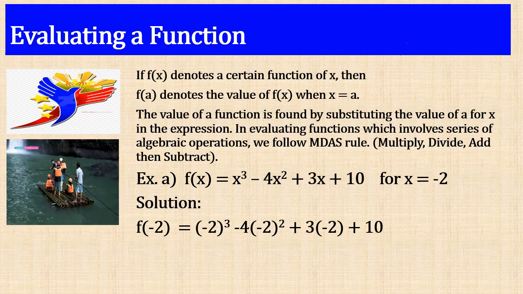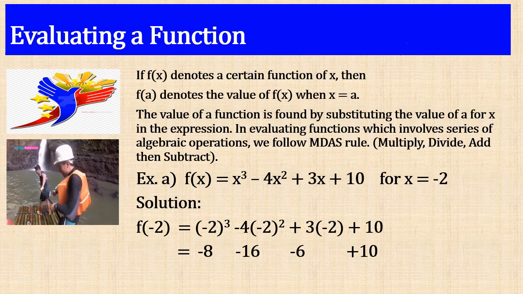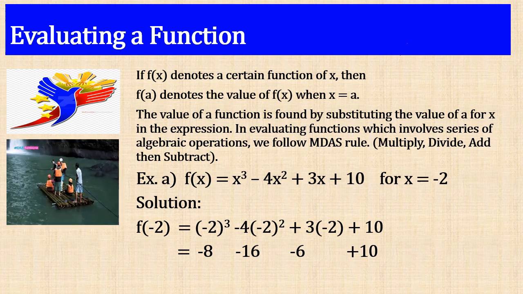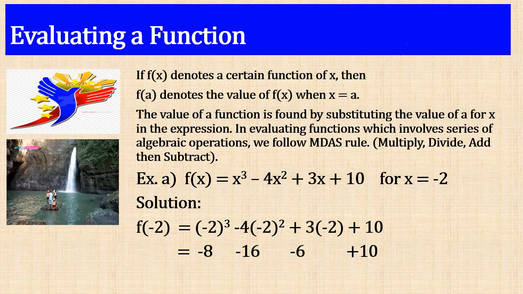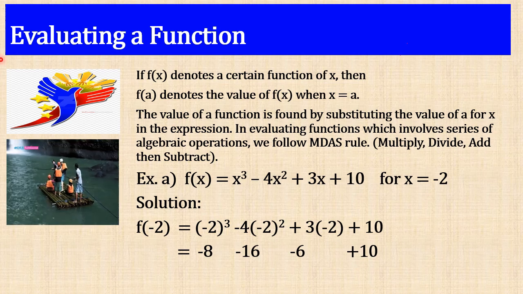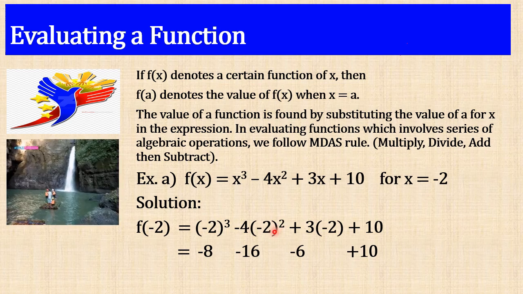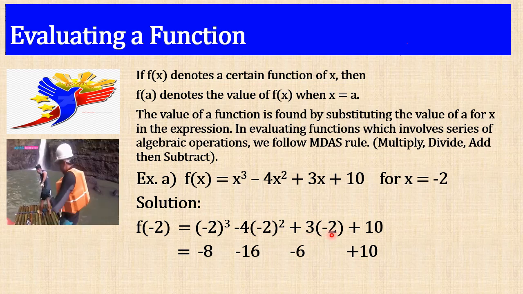Pagkatapos, i-evaluate po natin yung ating function. So, negative 2 cube is negative 8. Pagkatapos, dito po naman sa negative 4 times negative 2 squared is negative 16 kasi positive 4 po ang lalabasan dito sa pag-i-squared nitong negative 2. Ngayon, ito naman ay 3 times negative 2, negative 6, plus 10.